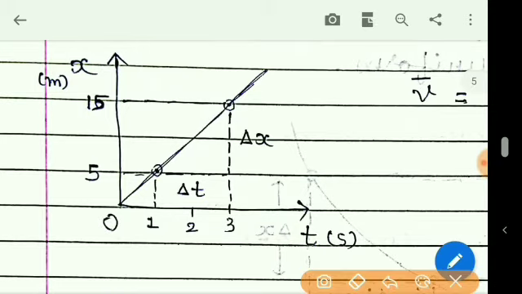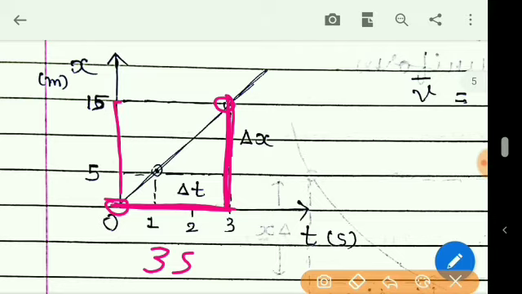If you will consider this as the final position and again this as the initial, then also this time is 3 seconds, and this much displacement delta x will be 15. You can see here this much distance is 15. So 15 by 3, again the result is 5.